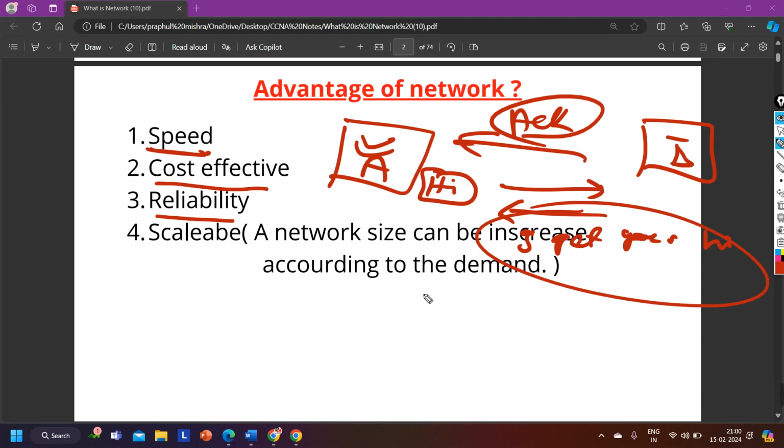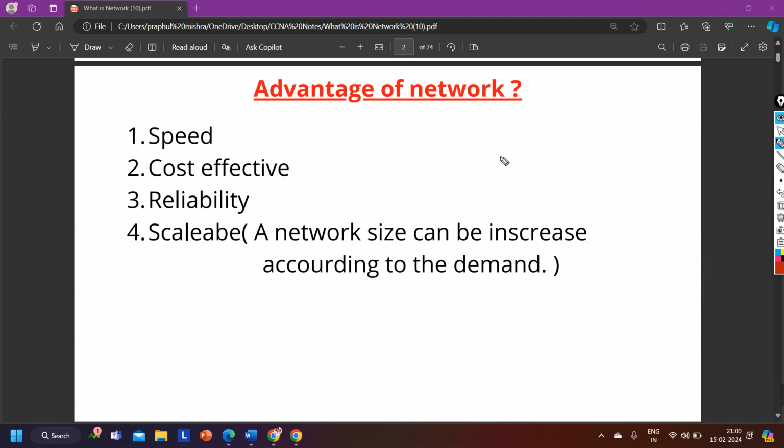This is one kind of acknowledgement, and through that we can say this is reliable communication. Reliable simply means getting the acknowledgement. This is a very important term in networking: reliability. So this is also one advantage of the network.